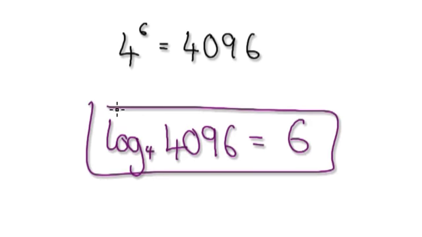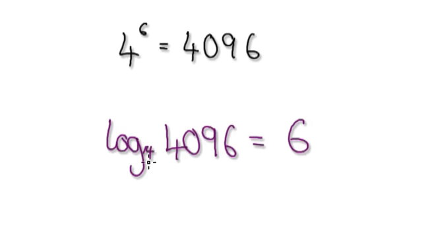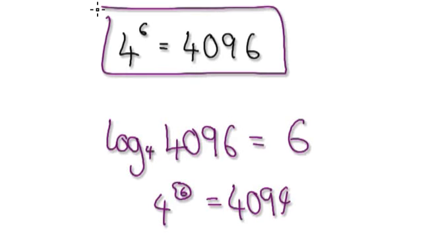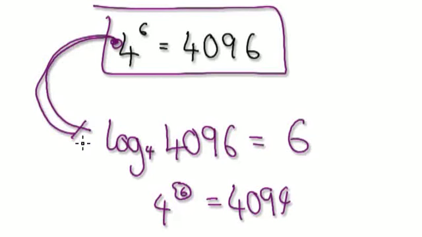Because when given this here, you would say to yourself, 4 to the power of what will give me this thing here, and looking at this it is 6. Again, develop your own way. You should be able to jump from here to here.